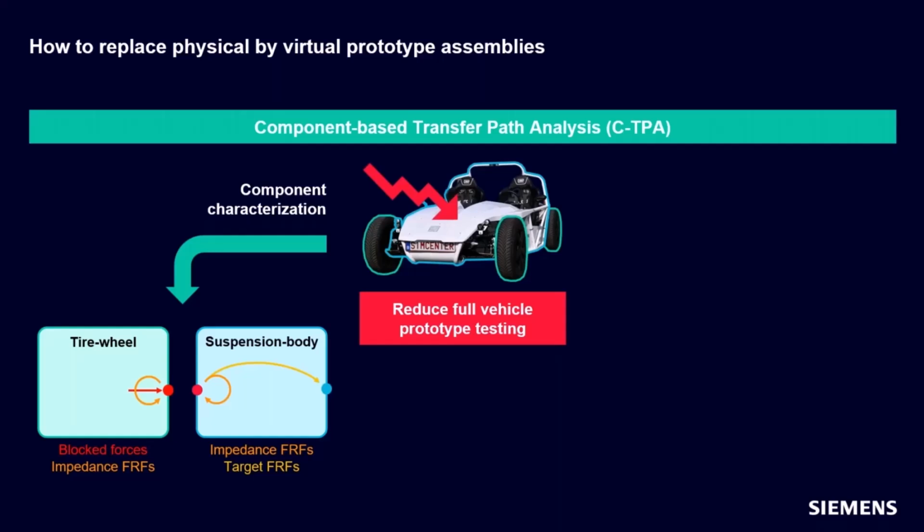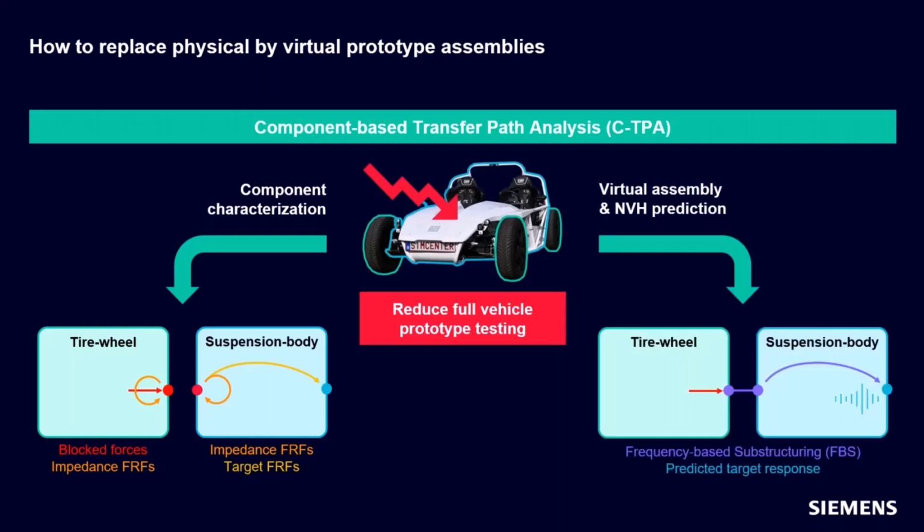What that allows us to do is now virtually assemble any number of tire wheel combinations that we have characterized independently and install them virtually on any suspension body combinations that we have also characterized independently.